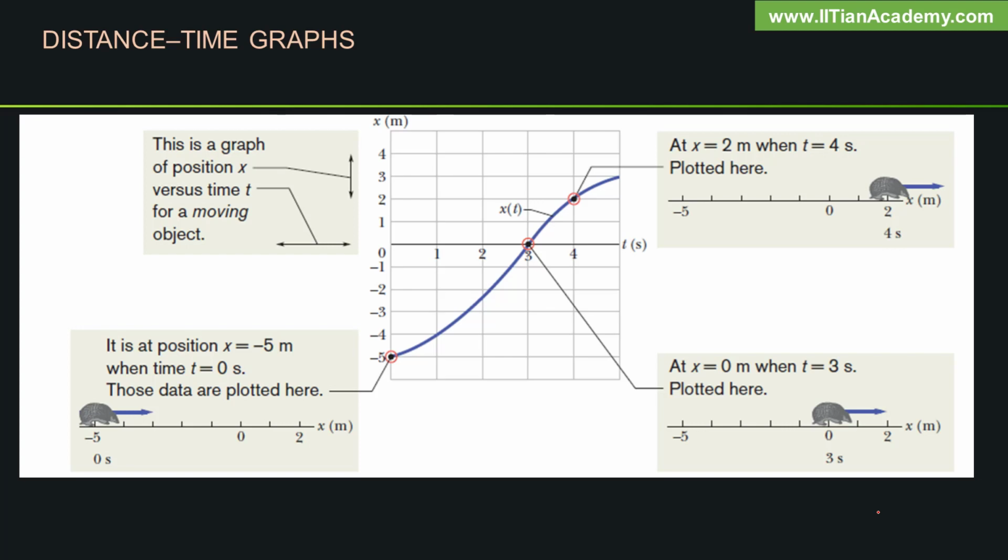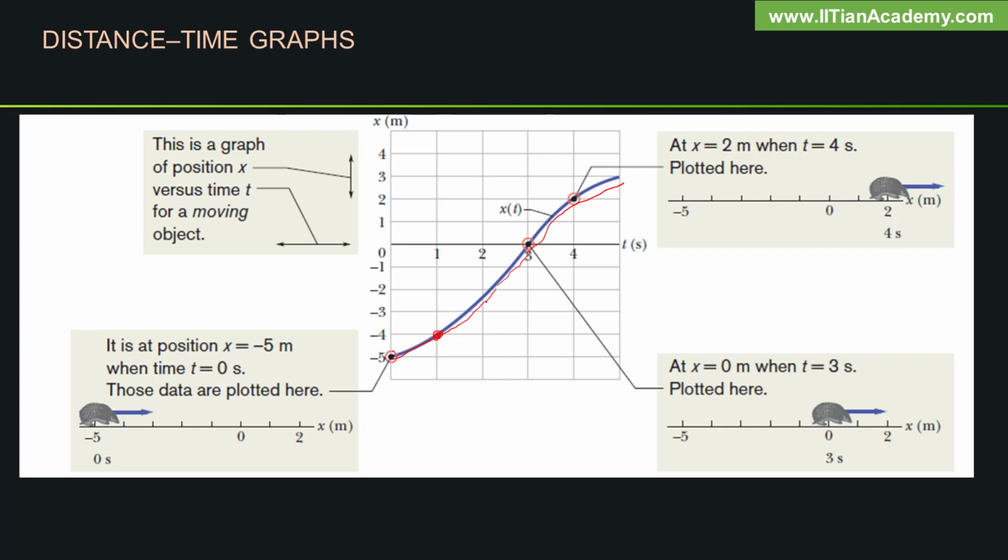This is distance time graph. Here you can see mouse is in motion. It is starting from a position x equal to minus 5 at time 0. It starts moving on this blue path. At time t equals 1 second, it is at this position.